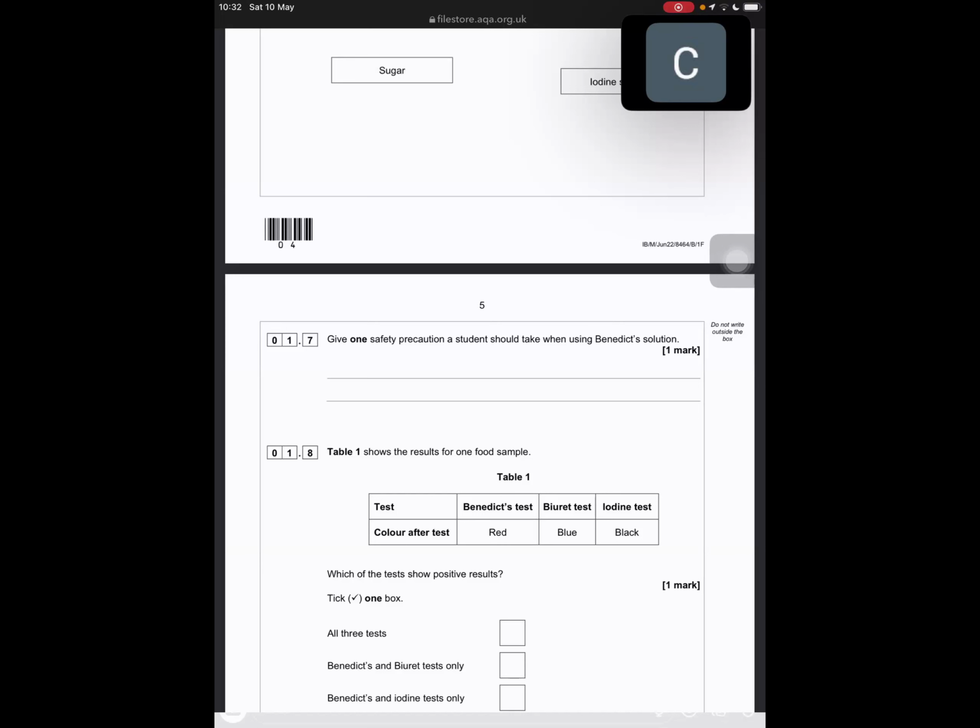The solution itself could cause irritation to the skin because of its nature.